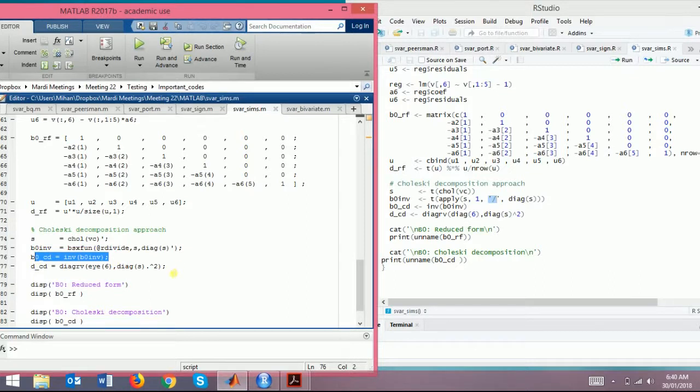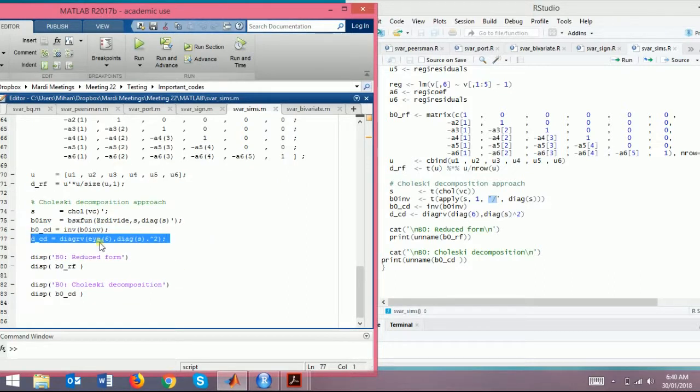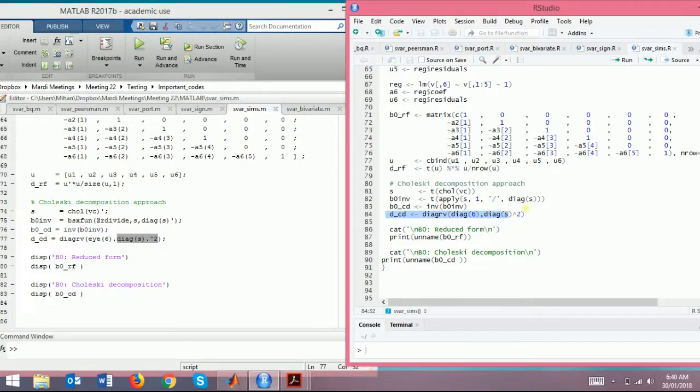Apply, taking the inverse, and the diagonal element is, we have identity matrix along the diagonal elements, we put the diagonal S squared, and beautifully we have DCD. That's all.